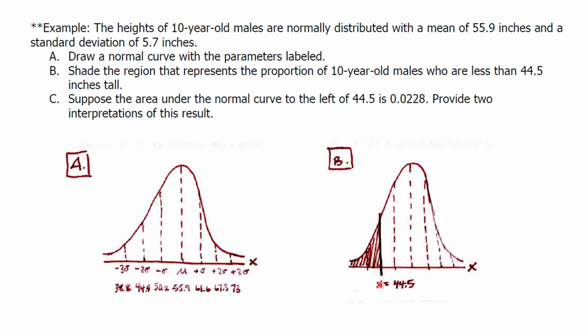44.5. So C then tells me that suppose that area under the normal curve to the left of 44.5 is 0.0228. Provide 2 interpretations of this result.